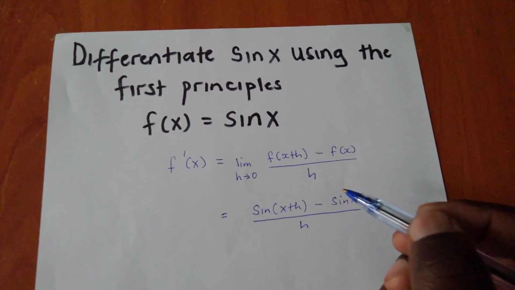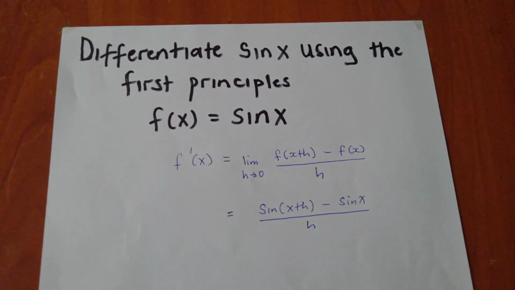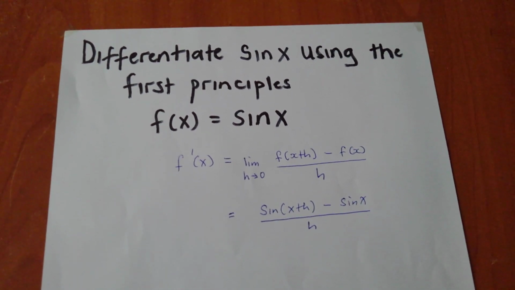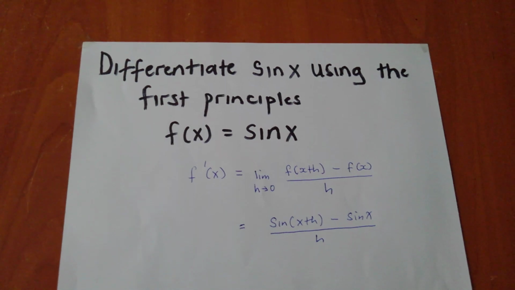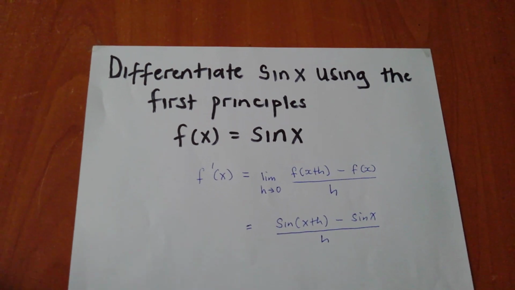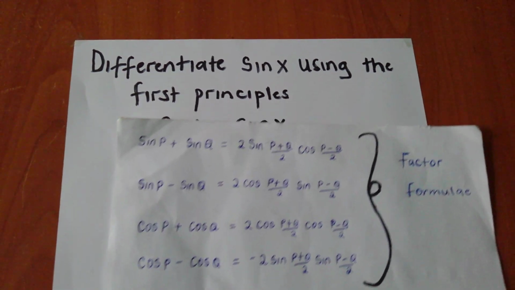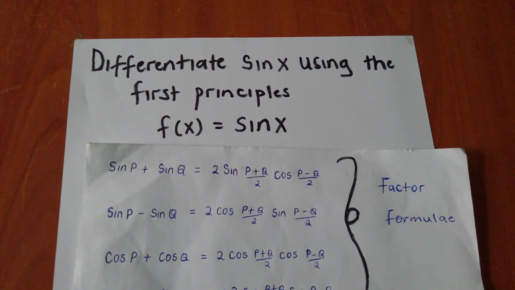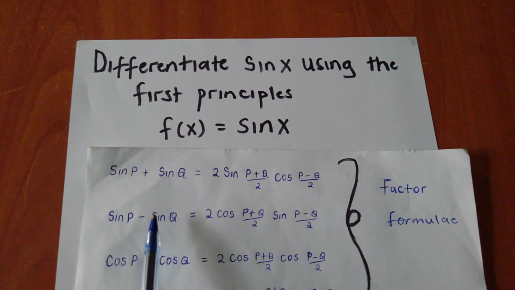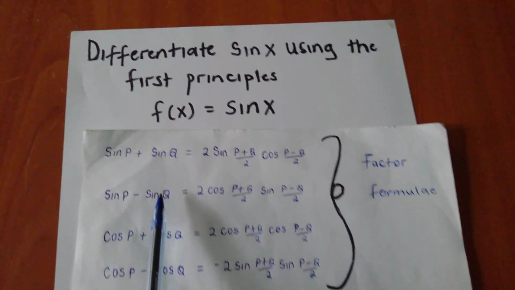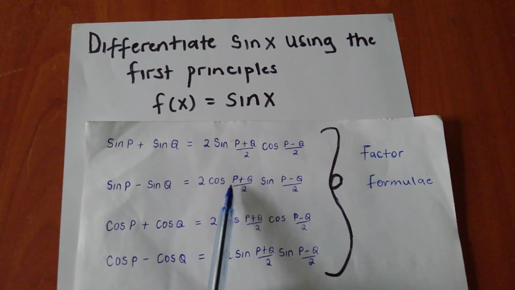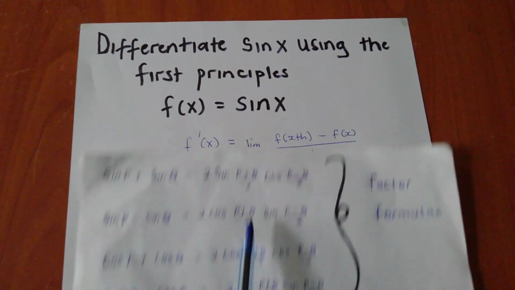h. But remember, in the first video I made for this channel, I showed you something you are familiar with concerning identities, and it is the factor formulae. If we see sine p minus sine q, this is how it's expanded.